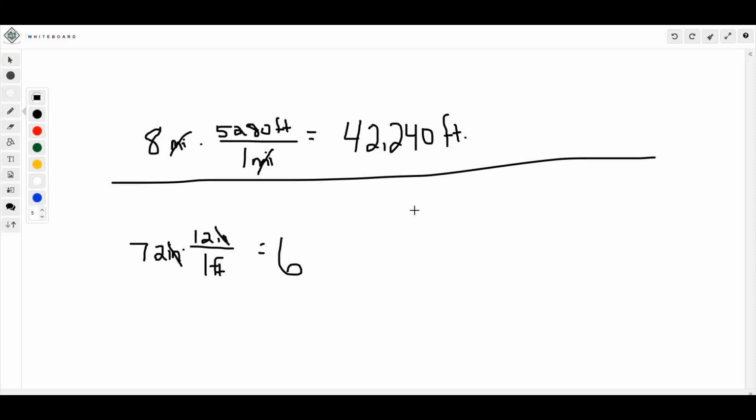Divide that and you're left with 8 miles. Okay? All right. Again, notice that we put the feet in the denominator of our conversion ratio, so it would cancel out. Always write the conversion ratio so the unit you're trying to convert will cancel out. Otherwise, you won't succeed in converting to a new unit.